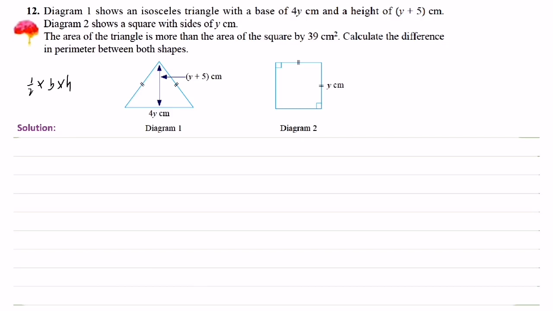So area of triangle is 1/2 times 4y times y plus 5, minus area of square y times y. And the difference is 39.